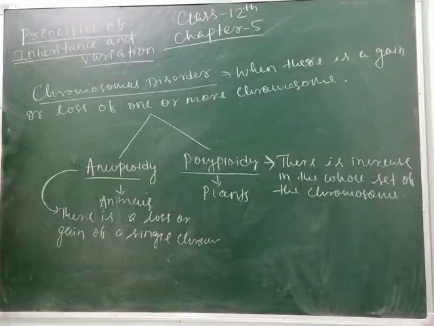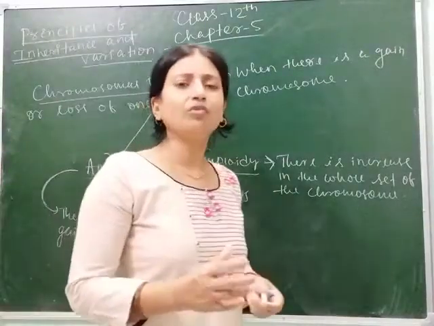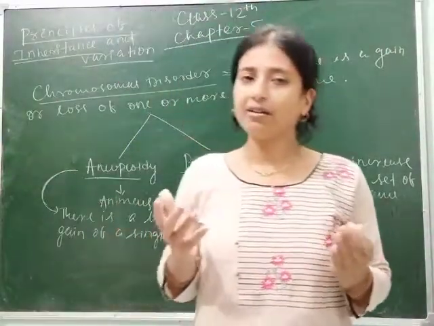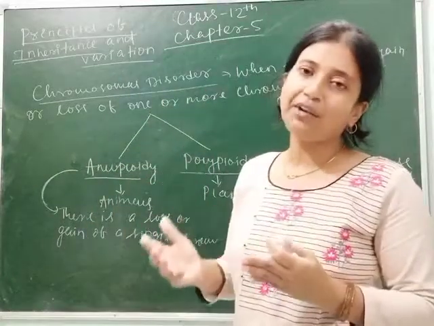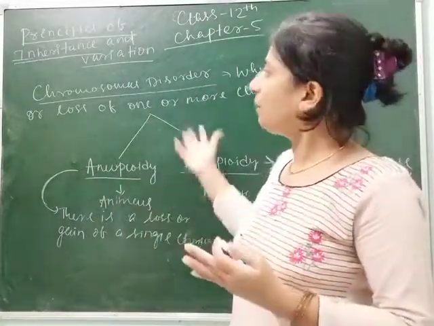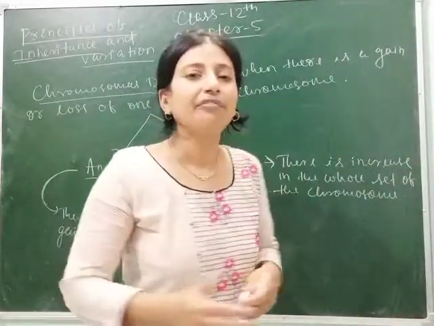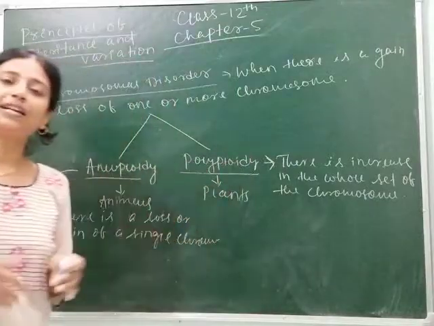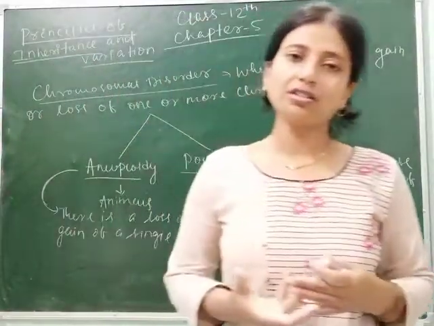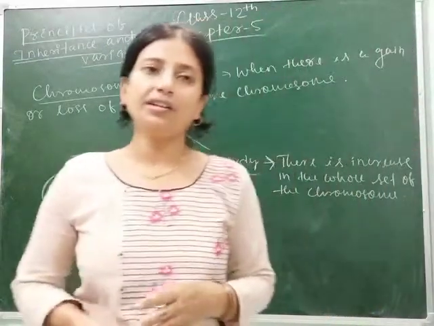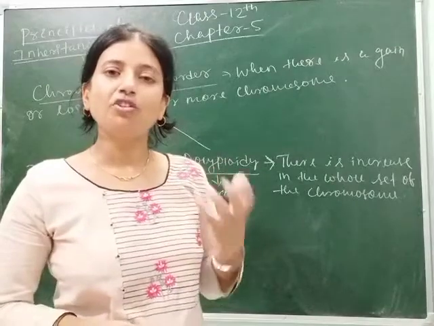Let's understand why this occurs. As we know, there are 23 pairs of chromosomes, out of which one pair is the sex chromosome and 22 pairs are autosomes. In the previous topic, Mendelian disorders, we learned how defects in different genes of different autosomes cause many diseases.